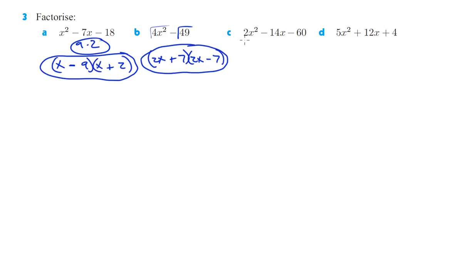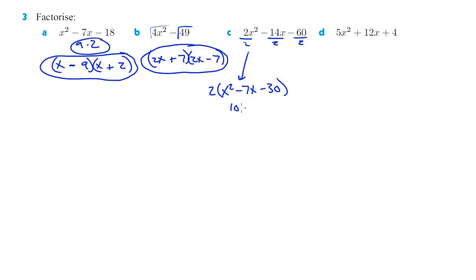Let's see. C. Ooh, look, we can get a 2 out of all of these first to make our life a lot easier. I'm going to move it down here so we have enough room. So once you factor that 2 out, we are left with x squared minus 7x minus 30. And now this becomes a lot nicer because now we come up with factors of 30 that have a difference of 7.